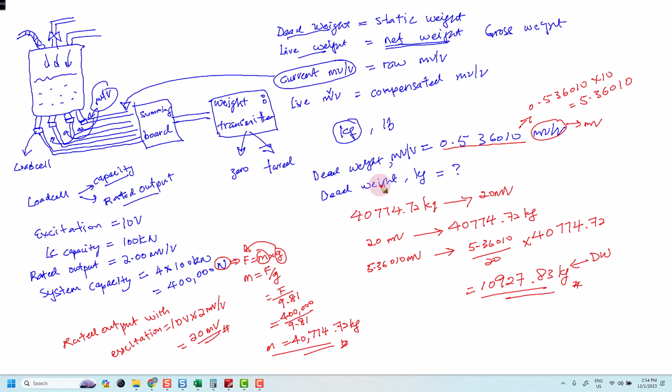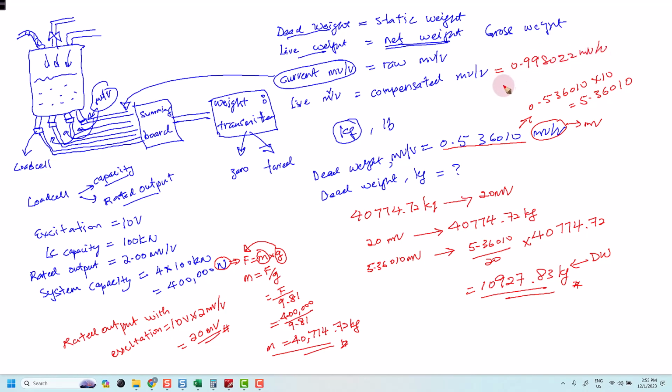Okay, how to find the live weight? What is live weight? Live weight is the net weight or the product weight. That means when I fill the product or water inside the tank, I need to find out the net weight or the live weight. Let's say the live weight millivolt per volt given is maybe 0.99822 millivolt per volt.